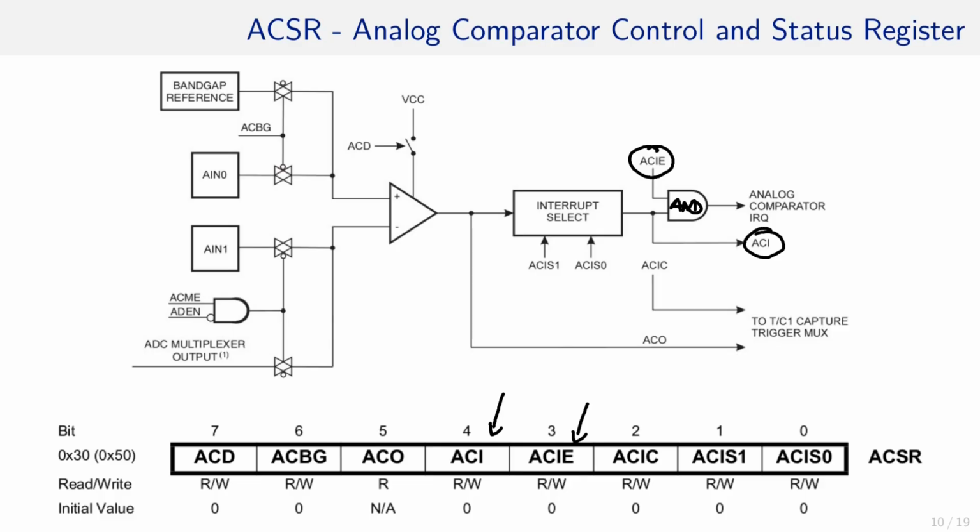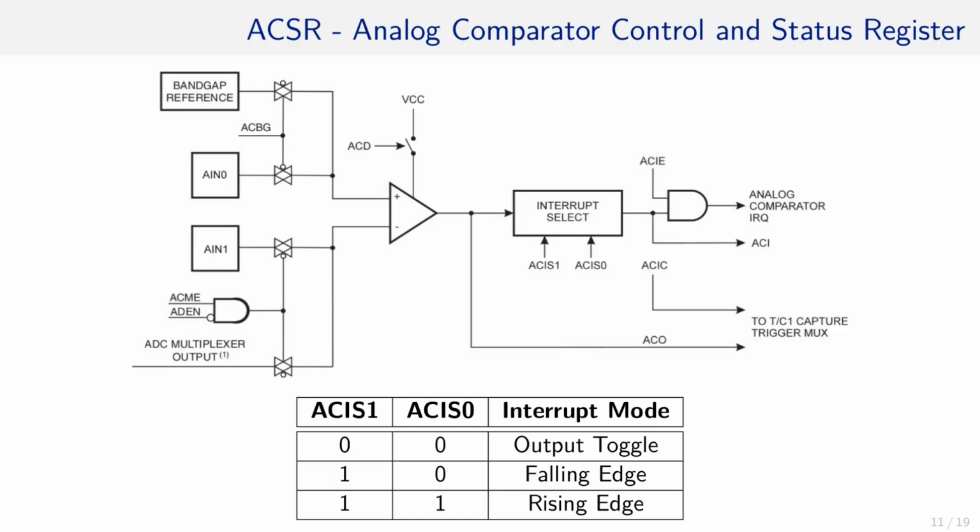If ACI is activated, depends on 2 more bits, ACIS1 and ACIS0. Depending on the setting of ACIS1 and 0, ACI is only active in specific situations. If, for instance, both bits are cleared, any toggle of ACO causes a change in ACI.